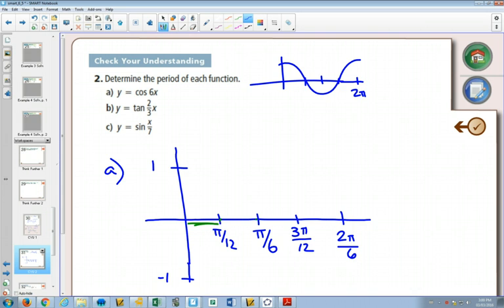So now we've separated our 4 sections into the new 4 sections after it's been compressed. Our cos graph still starts at a maximum and then goes to the middle, down to a minimum, back to the middle, and back to a maximum again. And we can draw the shape with the new period.